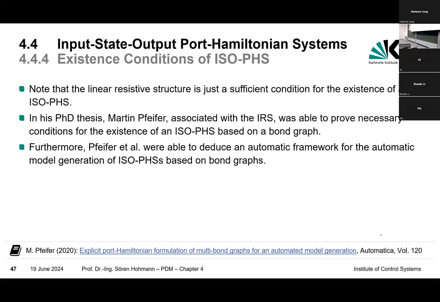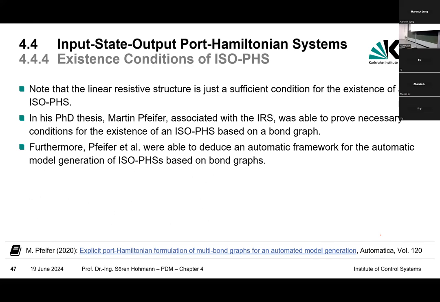First of all, the question is, yeah, it's resistive, it's linear, then we have a sufficient condition. Is there a necessary condition also? No, unfortunately, until 3 years ago, we found something like a necessary condition also, under which condition we can build these things.